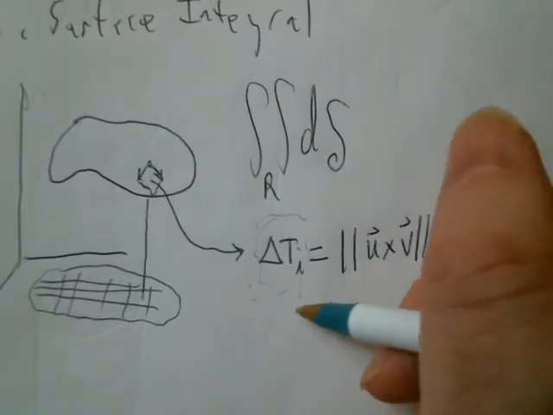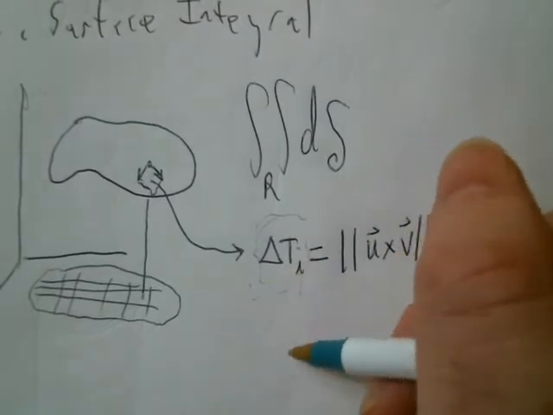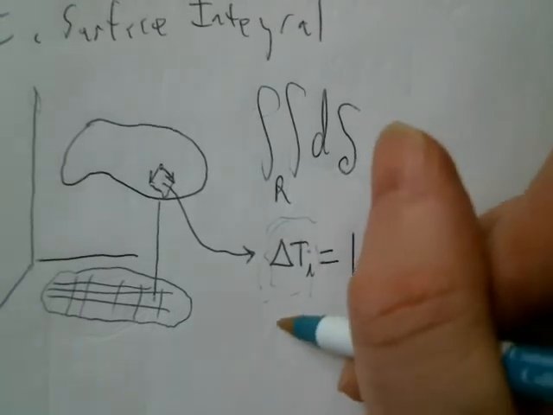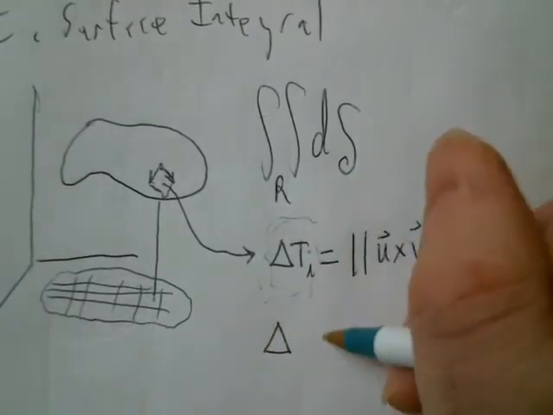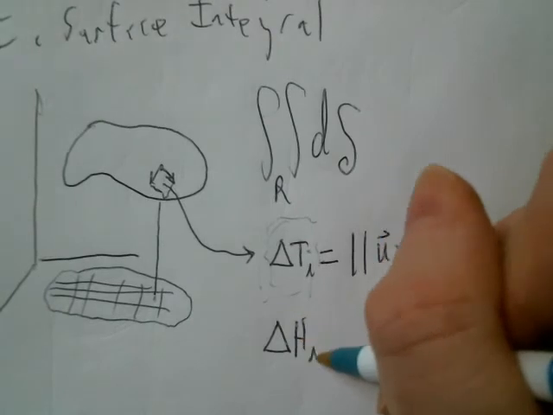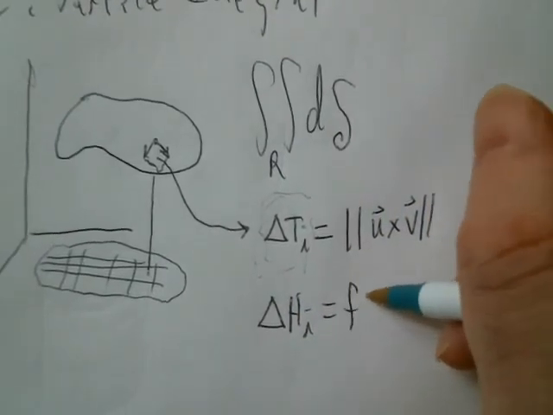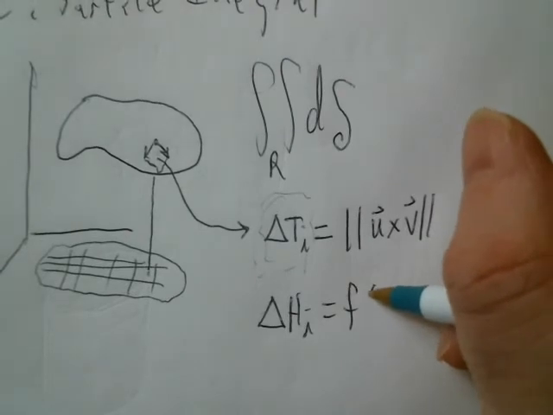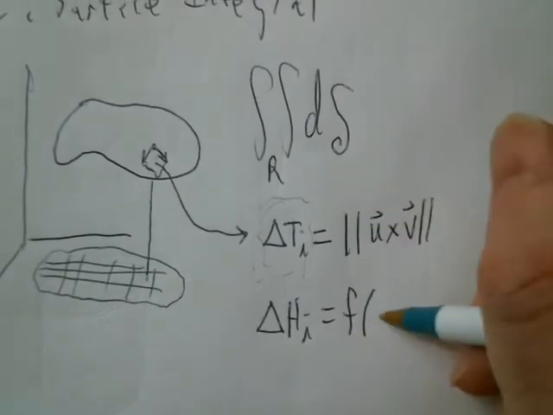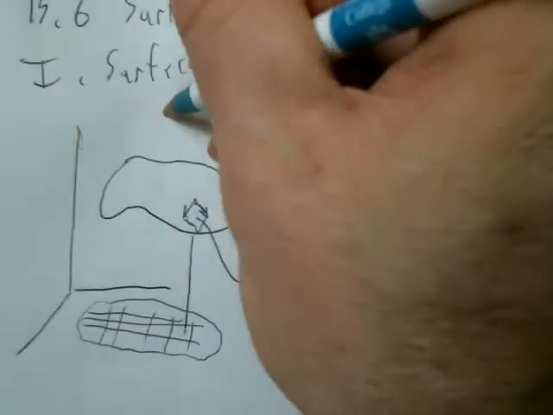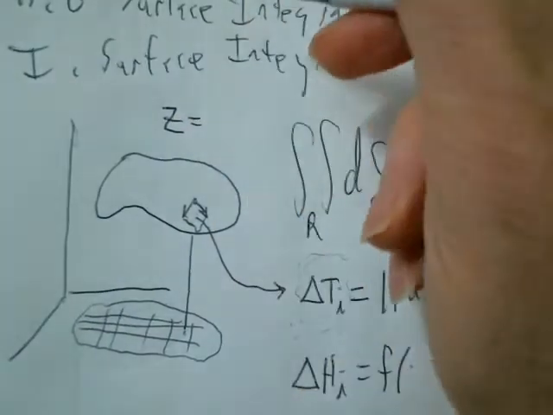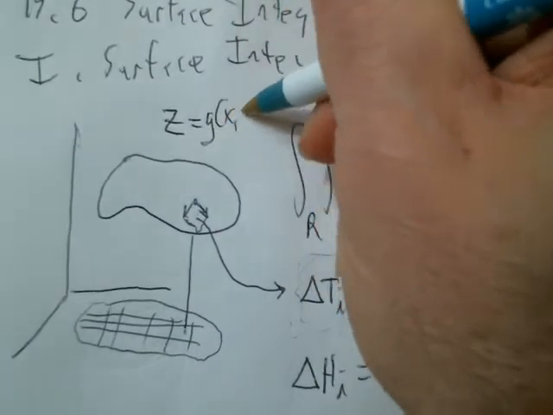We're going to tack onto this an extra piece and call it delta h sub i, where now we're attaching some other function, not the surface function. The surface function we call z equals g of x, y.